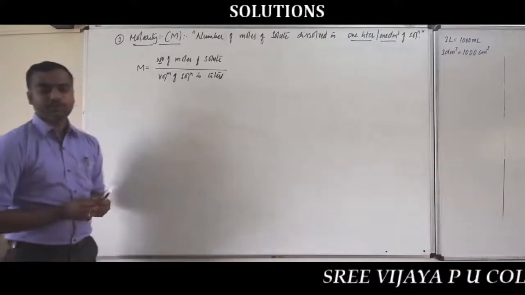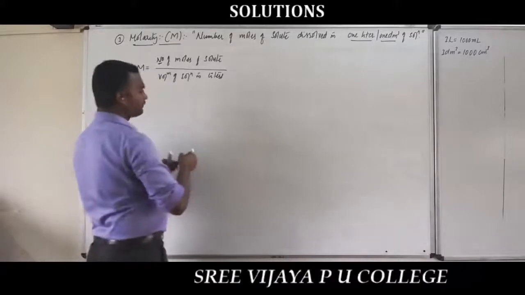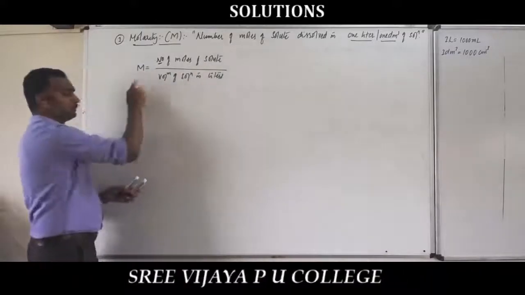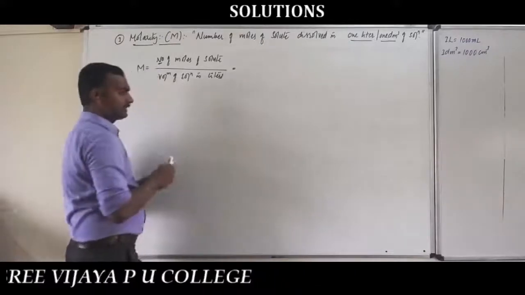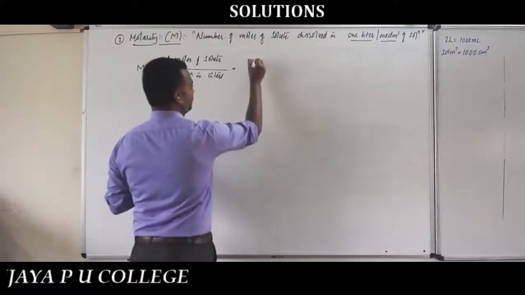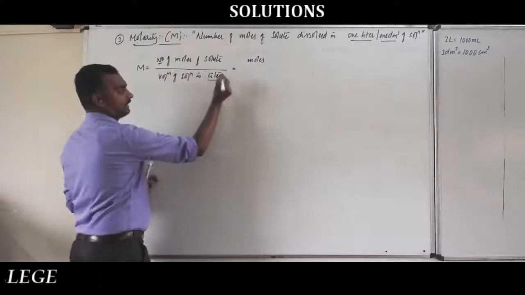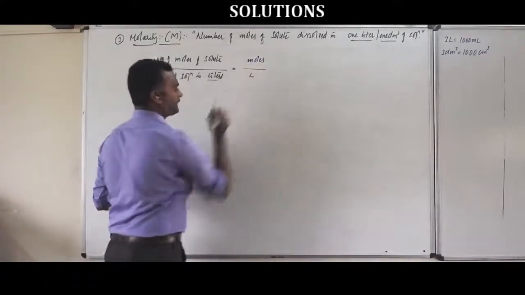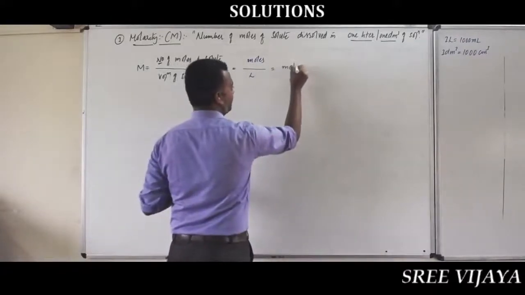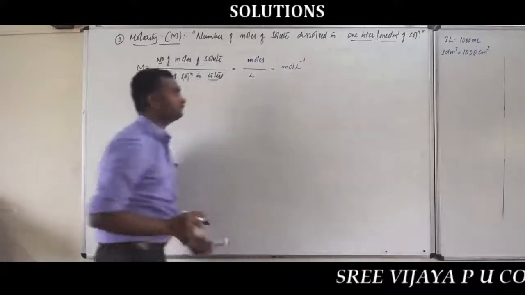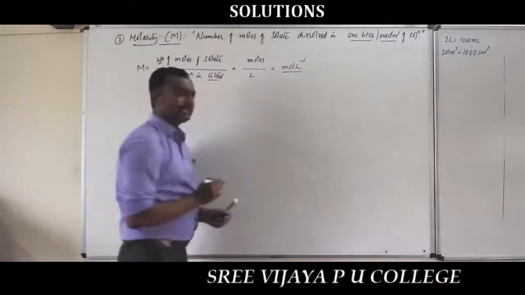They ask for the unit of molarity. The unit of number of moles is moles. Volume of solution is expressed in liters, capital L. So the unit is moles per liter, that is the unit of molarity.